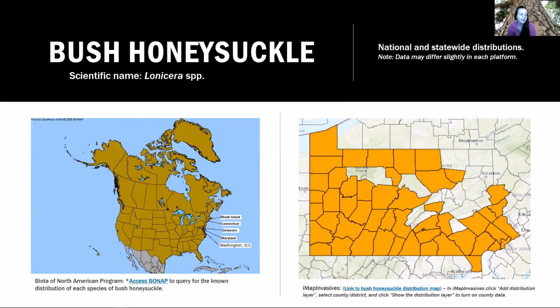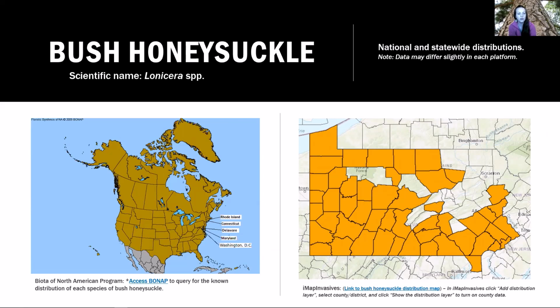I did not actually include the distribution map for the bush honeysuckle because there are 5 different species that we're talking about here. If you'd like to see the distribution maps for those species, you can click on the link where it says access BONUP with the star next to it. All you have to do once you're in the database is look up a species by the scientific name.